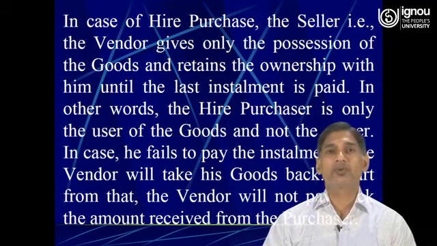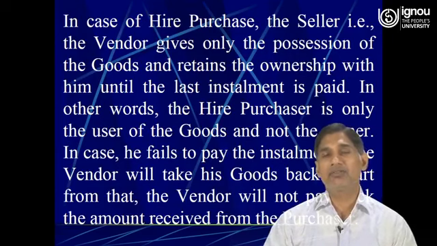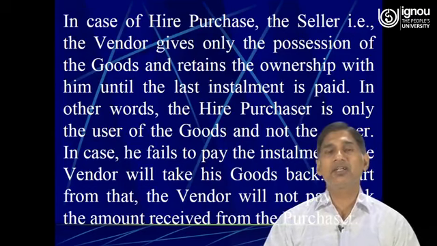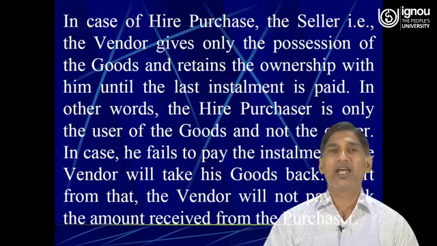I would like to advise my learners that they must remember this is the main difference between hire purchase system and installment payment system: under hire purchase system the seller or the vendor only gives the physical possession of the goods and retains the ownership of the goods till the time the last installment is successfully paid by the buyer.